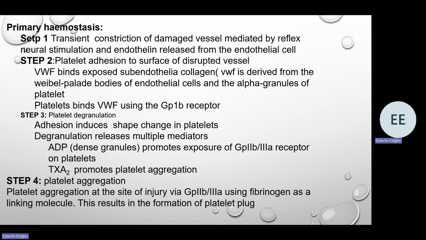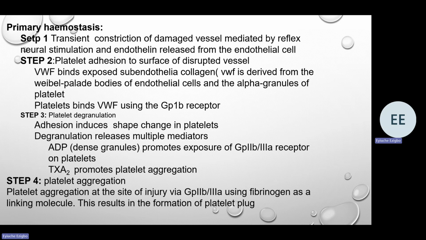We're going to look at primary hemostasis before we go into secondary hemostasis. When there is damage to either the artery or the veins, primary hemostasis consists of 4 steps.